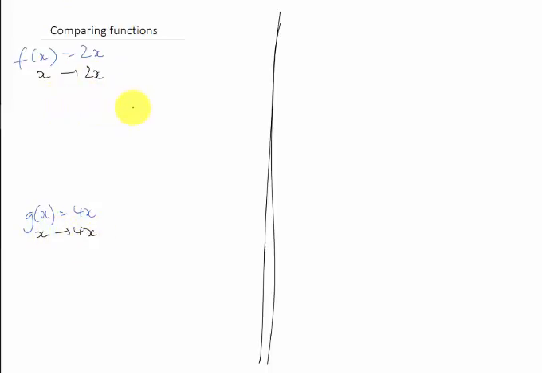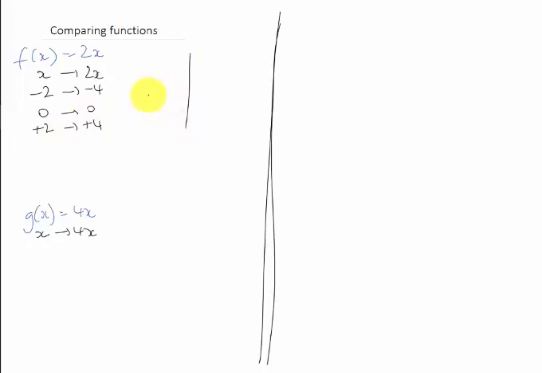So let's just draw the graphs of these two functions around 0, just to have a little look at them. So minus 2 goes to minus 4 for the first function, 0 goes to 0, plus 2 goes to plus 4.